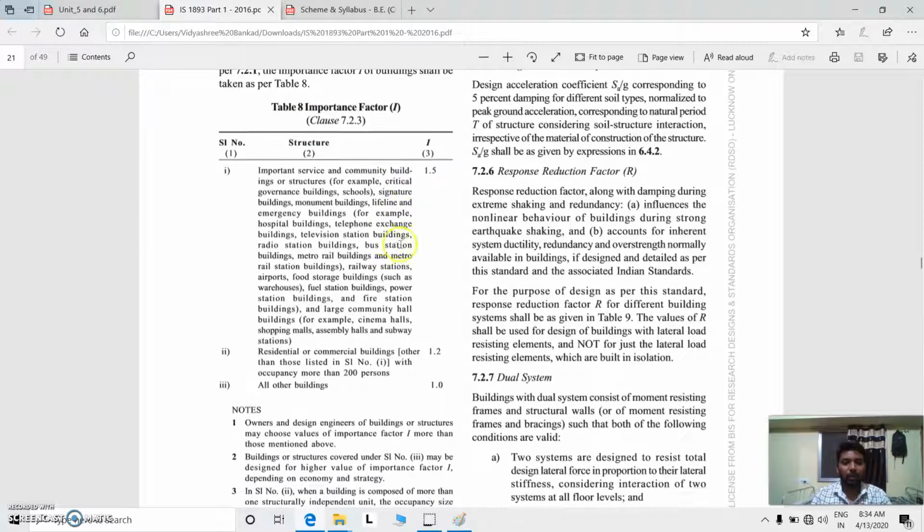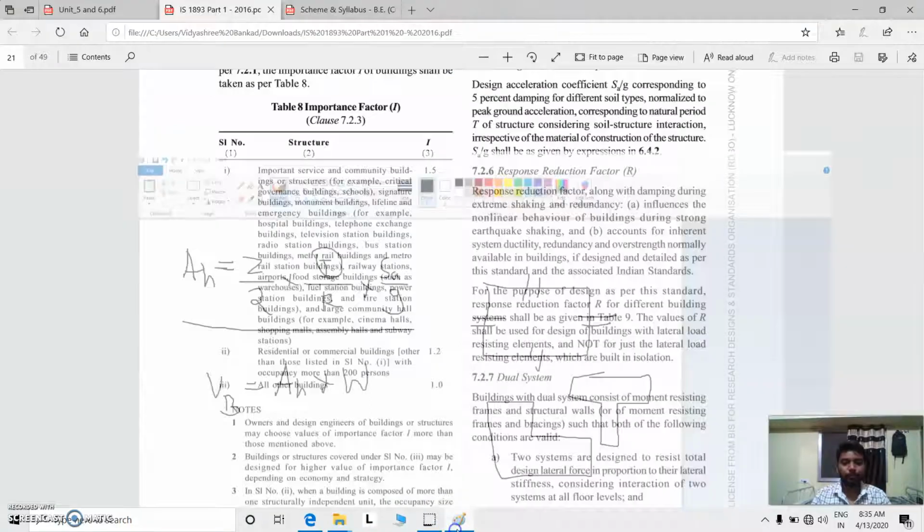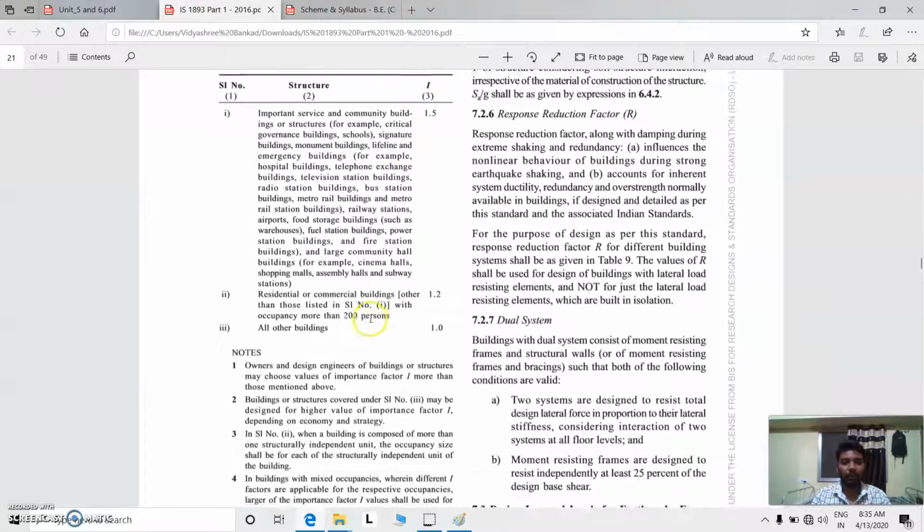In this table, the different types of structures are named with the value, which factor value has to be adopted for the structure. If you consider structures, for example, government buildings, schools, hospital buildings, telephone exchange buildings, television stations, in this case you have to consider I as 1.5.